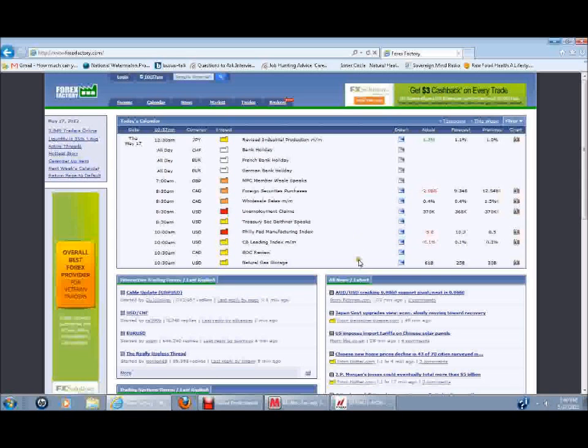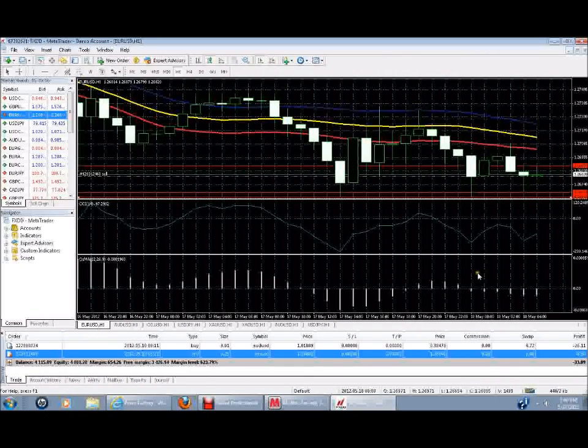Now, if that's true, then we'll probably see the euro come down. So we'll wait in the morning to see what's going to happen before we even get in the trade, especially with what's going on with the dollar.